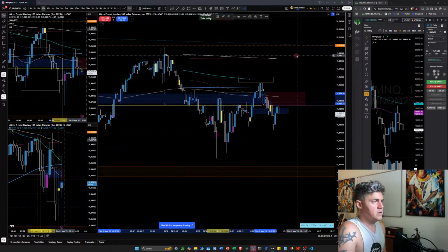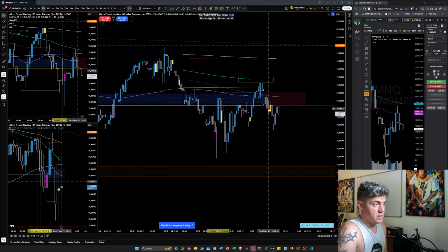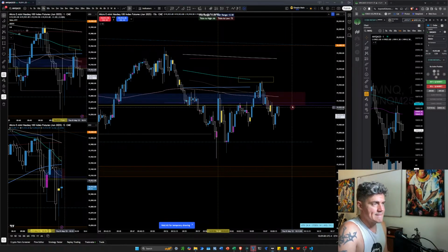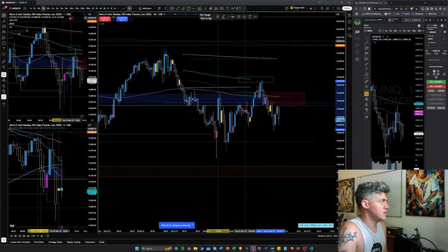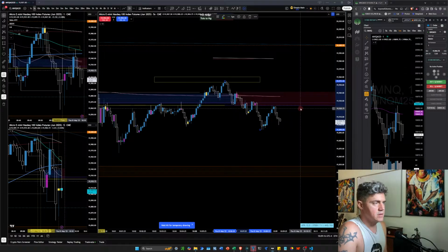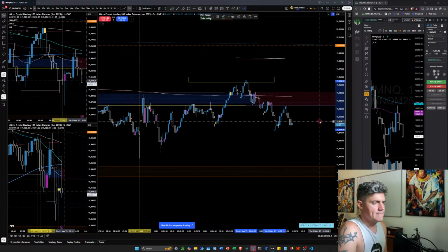Initial imbalance. I could have just called it the first close below the initial imbalance. Tap the 50% perfect right there. Dude, I need to go to a 5-second chart to get an entry. That's a short trigger on the 5-second.